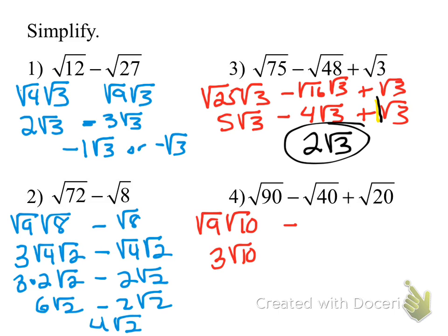Next one, minus the 40. How do I break that down? Anaya. 4 times 10. Square root of 4 times the square root of 10. And what does that simplify to? 2 square root of 10. Okay, and then 20. This is sneaky. Lewis.